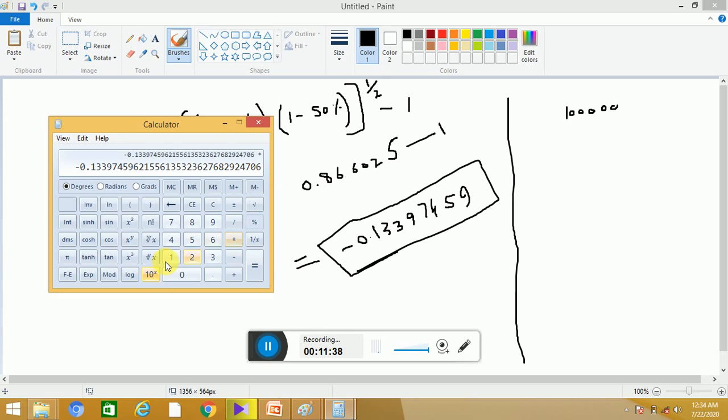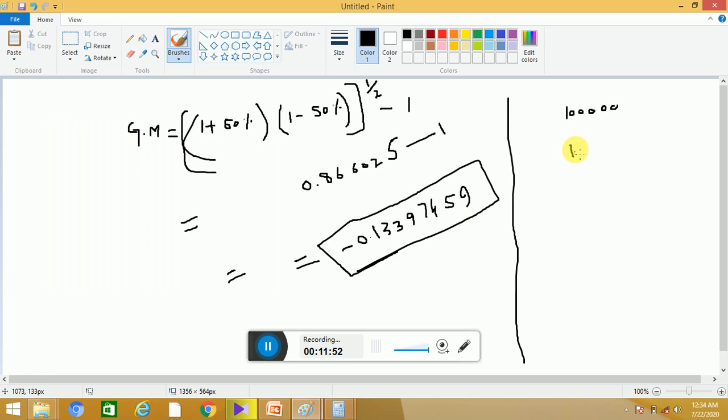Multiply this by 100,000. So there is a loss of 13,397 in the first year on 1 lakh.